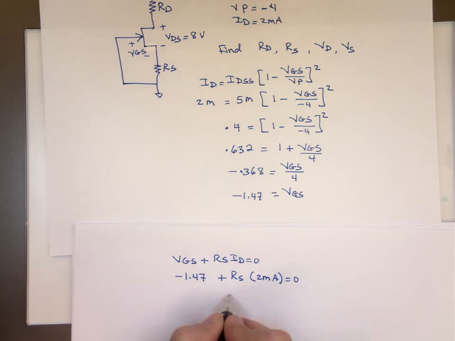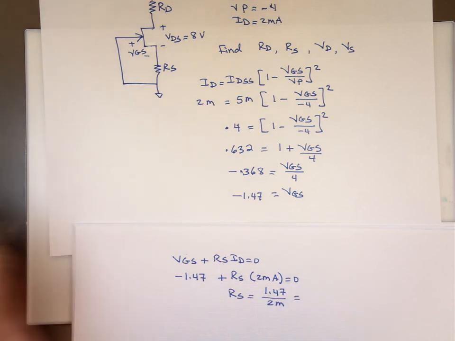So R sub S equals 1.47 divided by 2 milli.